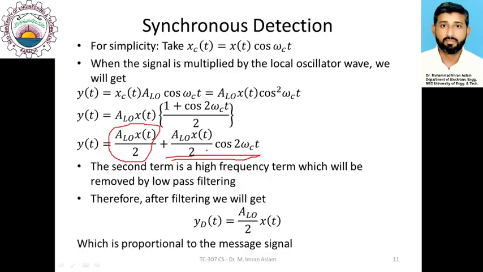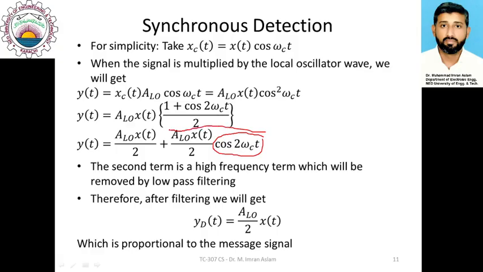The second term is different because it also contains the cos 2 omega_c t term. This term is at a very high frequency, because omega_c represents the carrier frequency, which is a high frequency, and 2 omega_c is double the carrier frequency.